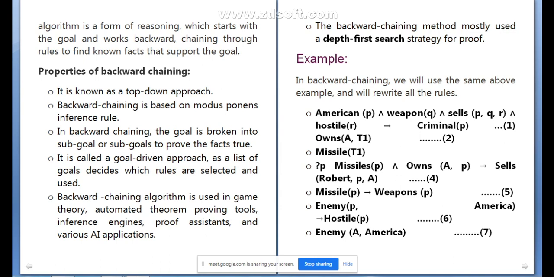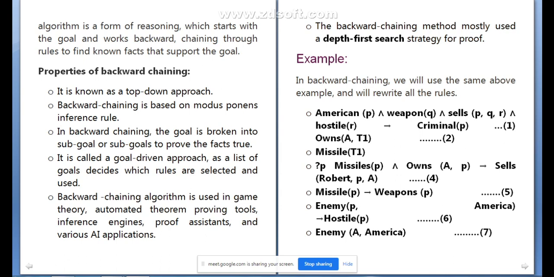From the goal we try to infer the different rules. So it is called a goal driven approach, as the list of goals decides which rules are selected and used. So in backward chaining we start from the goal and go downward, that is a top down approach, and we infer rule by rule.